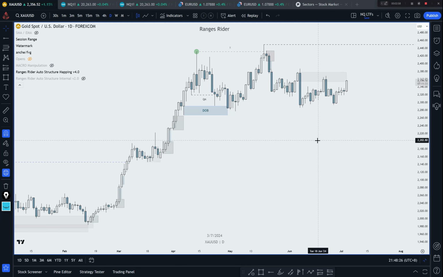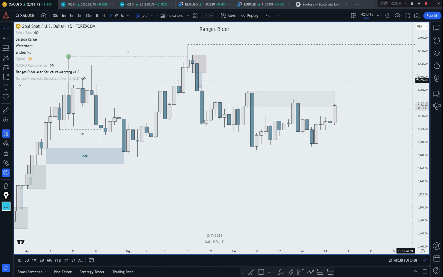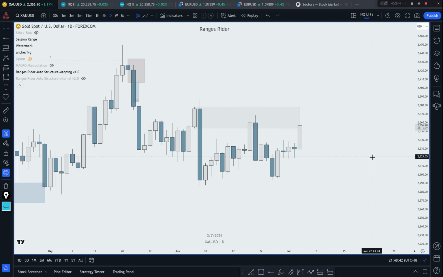Okay, and then this is what we got, and from the DOB, and now the price is still in the consolidation. So I don't see anything on the daily time frame except you draw some levels.